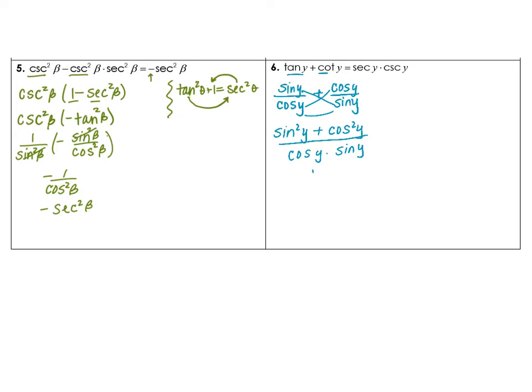The numerator goes to 1. That's one of our identities. So we have 1 over cosine y times sine y. And that can be decomposed into 1 over cosine y times 1 over sine of y. And that's going to change to be secant y times cosecant y.